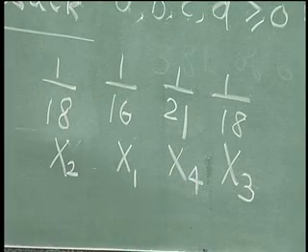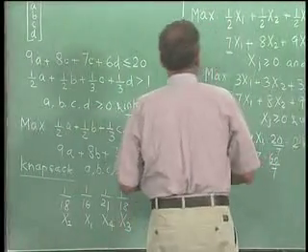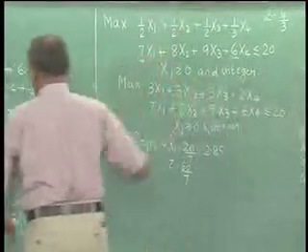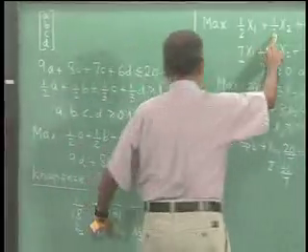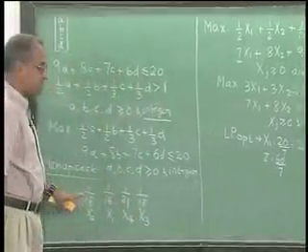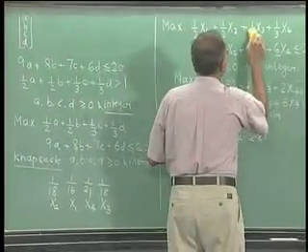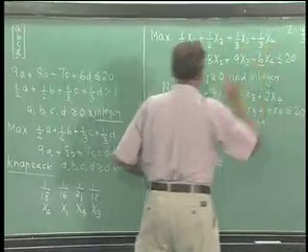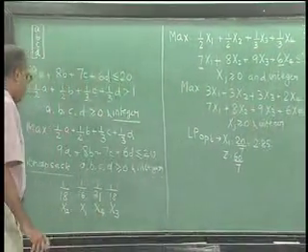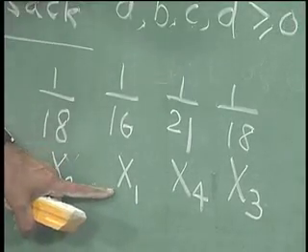So, rewriting this, now the problem will become 1 by 2 x1, which comes out of this, 1 by 2 x2 that comes out of this, plus 1 by 3 x3, and 1 by 3 x4. Now, we realize that this is the variable x1 which corresponds to 8.